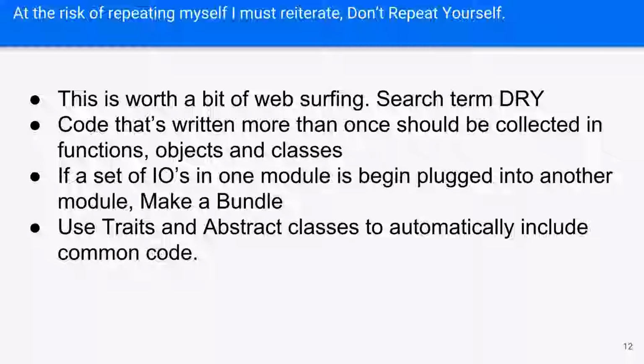So what I might do is take the common IOs and put them into a trait, and then I'll create a bunch of new bundles, and I'll mix in, or I'll use with, my common bundle, so I don't have to copy and paste those definitions over and over again. The nice thing about traits is that, imagine if I have my common bundle 1 and common bundle 2, I can do my new bundle with common bundle 1 with common bundle 2. Whereas if you use extends, you can only extend one of them. You can't extend both. But with traits, I can just mix in n pieces of code, which is much more powerful.